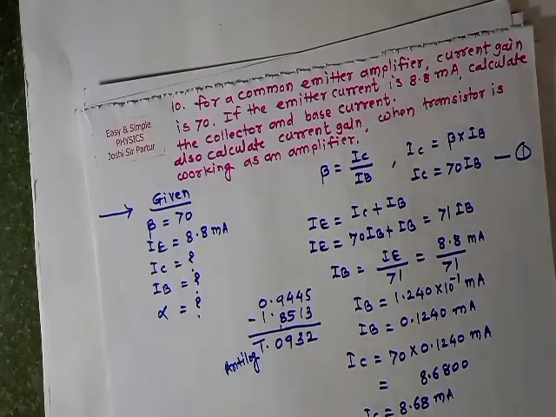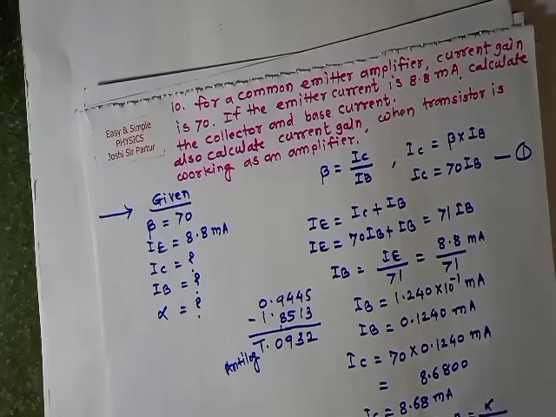Two currents are given, and now the current gain alpha is equal to beta upon 1 plus beta, or beta is equal to alpha upon 1 minus alpha.